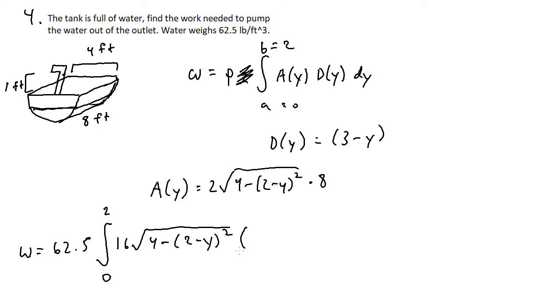It needs to travel through the tank and up another foot to get out of the outlet. So we go 3, the top bound, minus y, dy. And when you use your calculator to figure out the answer, it should give you around 5,808 foot-pounds of work.